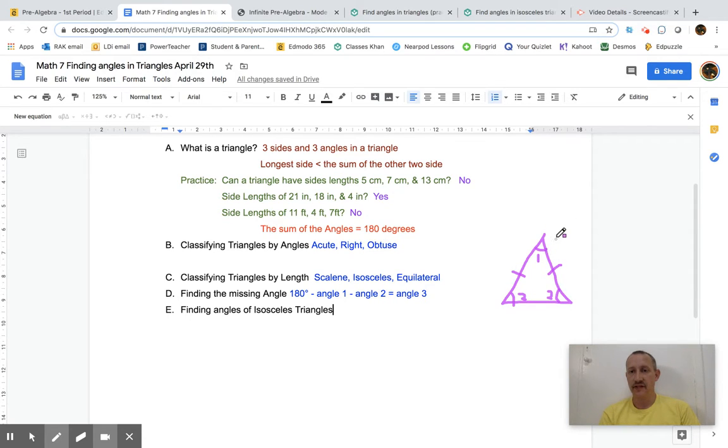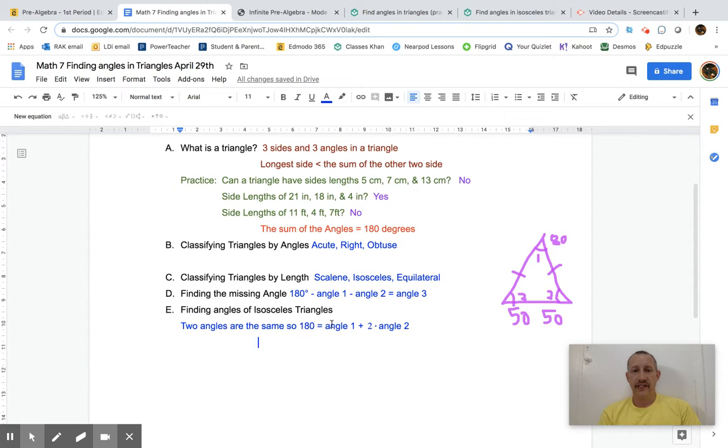Let's say this up here was 80. Then these two would be 50 and 50. Okay? And if you add up all that together, it's 180. So whatever angle is here, that's going to be the same. So to do the math, it looks something like this.